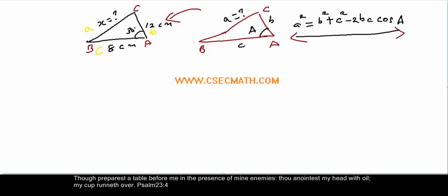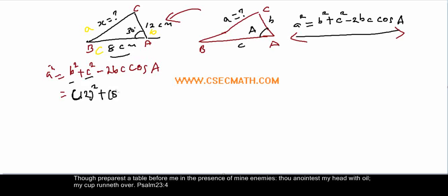So from the formula which I explained, A squared would now be B squared positive C squared negative 2 times BC cos A. My B squared is going to be 12 squared, positive C squared, which is 8 squared, negative 2 times B, which is 12, multiplied with C, which is 8, which in turn will be multiplied with cos A, which is 30 degrees.